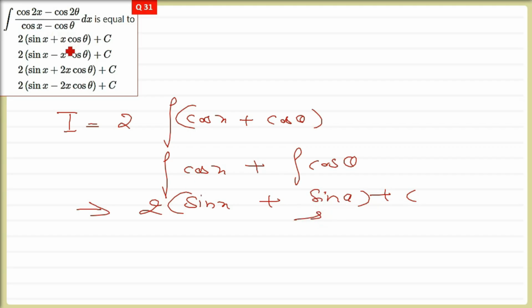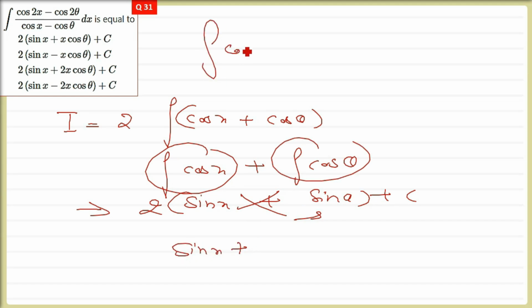I was telling you from the beginning that cos theta is just a constant. Cos x is cos x with respect to dx. But the mistake I deliberately committed is that cos theta you can take outside, and integration of just dx will happen. So this sin x will remain like that because integration of cos x is sin x, but for integration of cos theta, we are integrating with respect to dx. So when you are integrating with respect to dx, cos theta just simply acts as a constant.